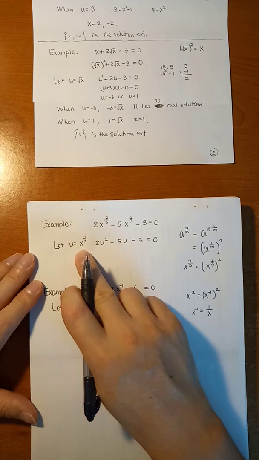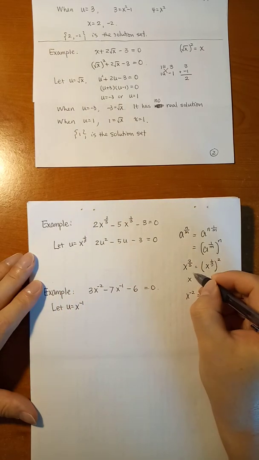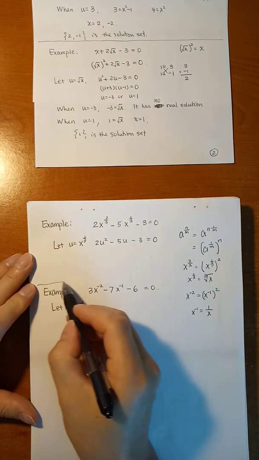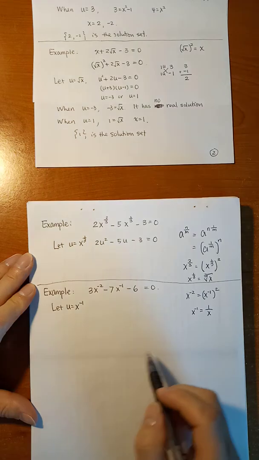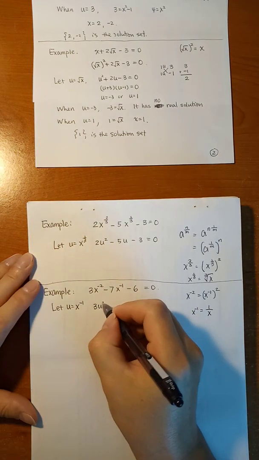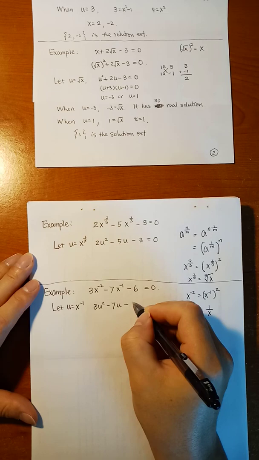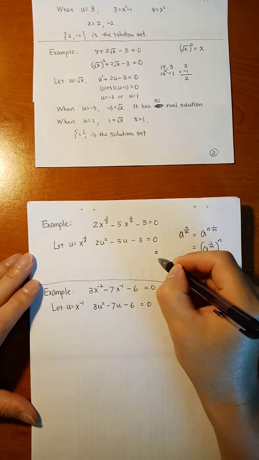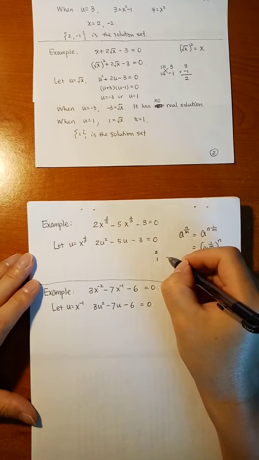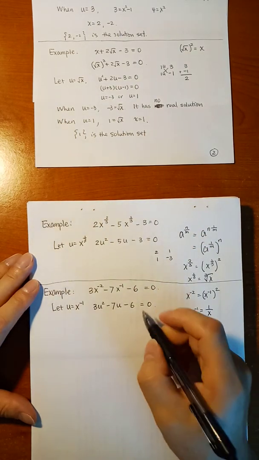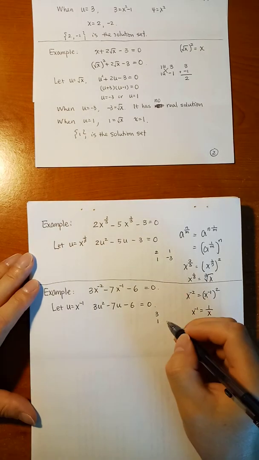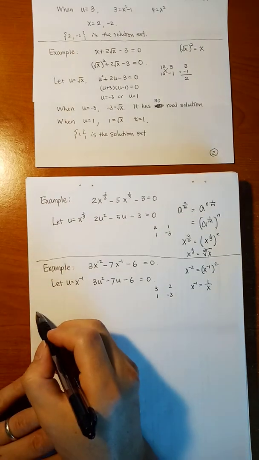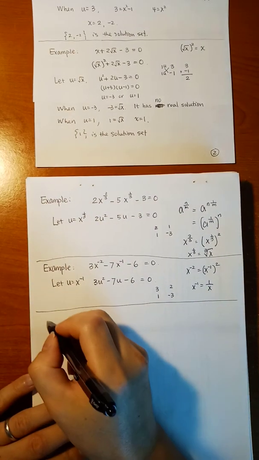And here, x to 1/3 is cube root. Then this becomes 3u squared minus 7u minus 6 equal to 0. And this factorization is 2, 1, negative 3, 1. And this factorization is 3, 1, negative 3, and 2. So you do the factorization, you can compute it. And another example.